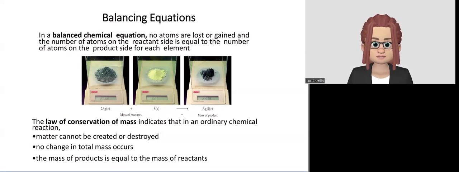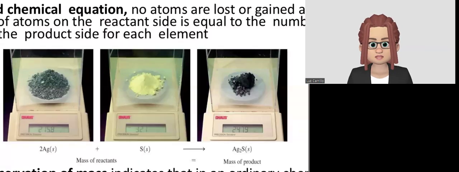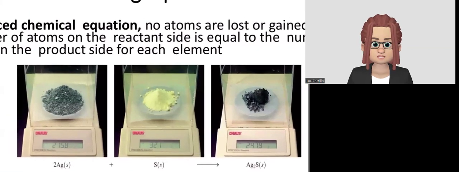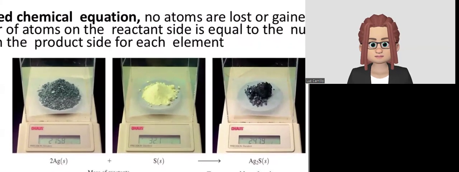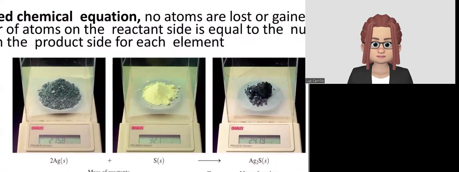To illustrate this, we can observe the following reaction. We have solid silver reacting with solid sulfur, making silver sulfide. If we look at the screens for the analytical balances, we can see the measurement in grams of each of the components of the reaction.